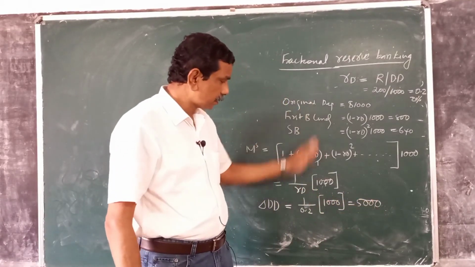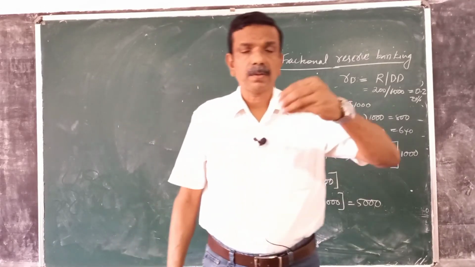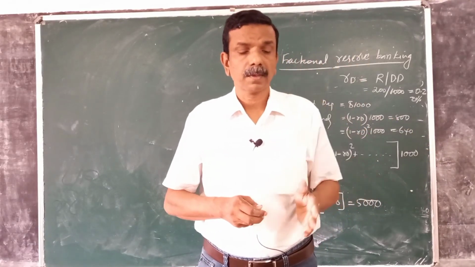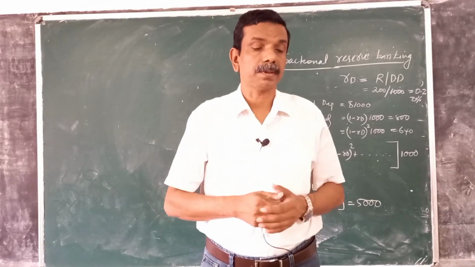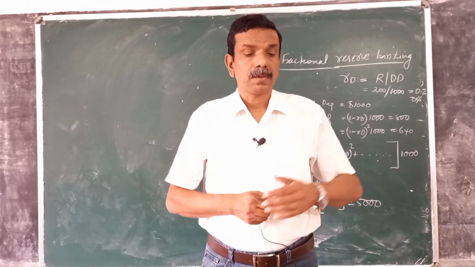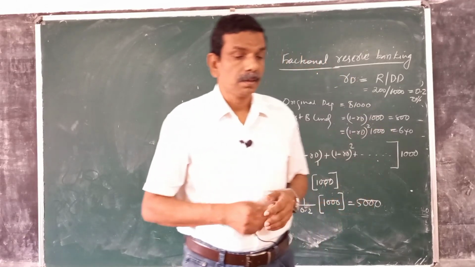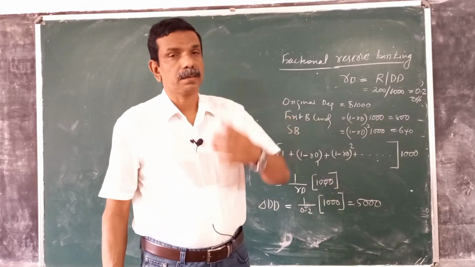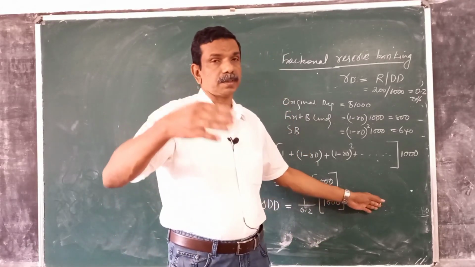And this analysis is based on the assumption that public will not hold any currency. The entire currency is deposited as demand deposits. So the entire increase in money supply is equal to increase in demand deposits in the banking system. The demand deposit increases by 5000.